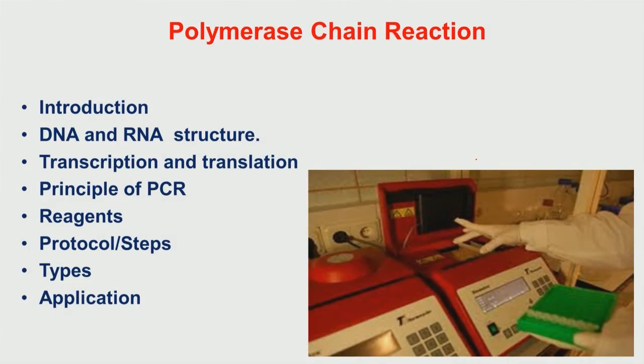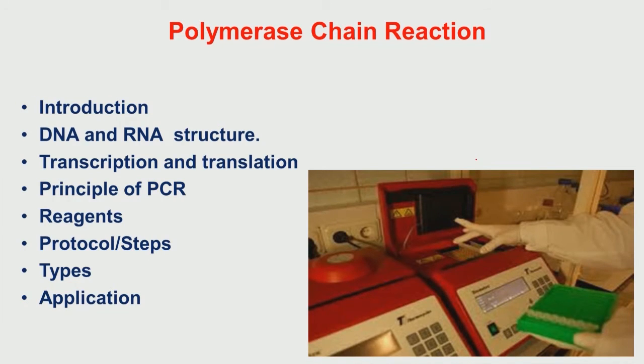One of the techniques used in cell biology is the polymerase chain reaction. Now, what is this polymerase chain reaction? Once a cell is committed to undergo differentiation to another cell type, you have to extract mRNA from the cultured cells.